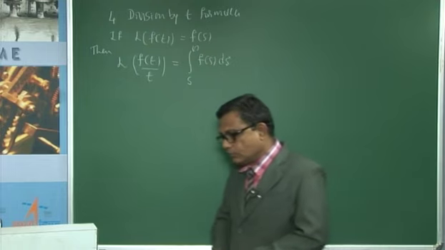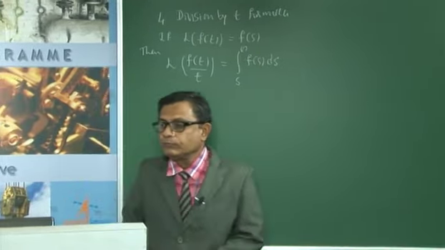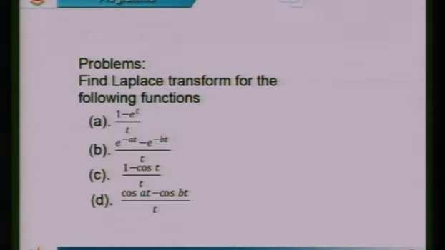Now we will do some examples. Find the Laplace transform for the following functions. First one, 1 minus e raised to t by t. Second, e raised to minus at minus e raised to minus bt by t. Third one, 1 minus cos t by t.